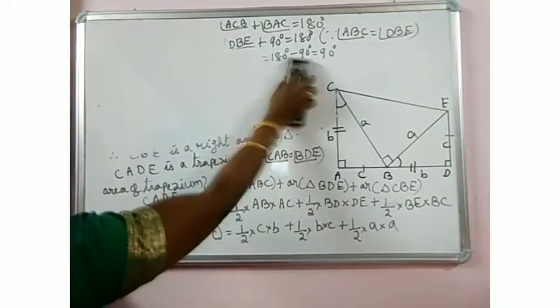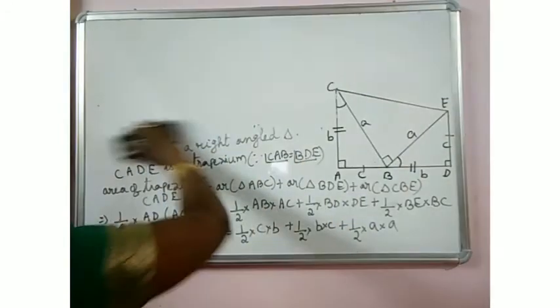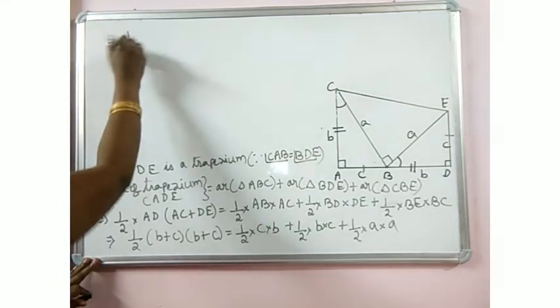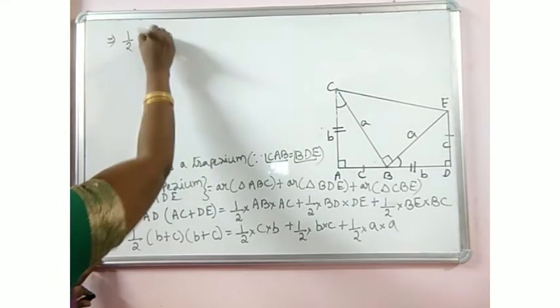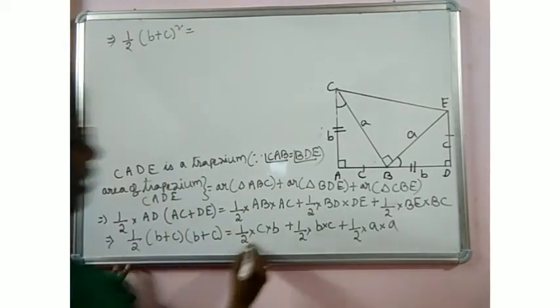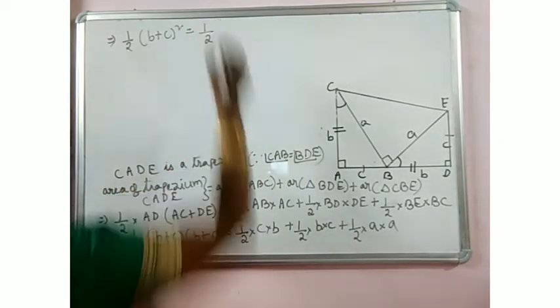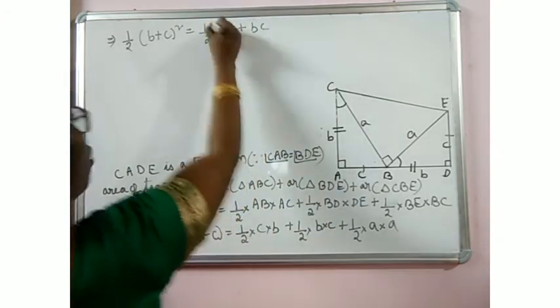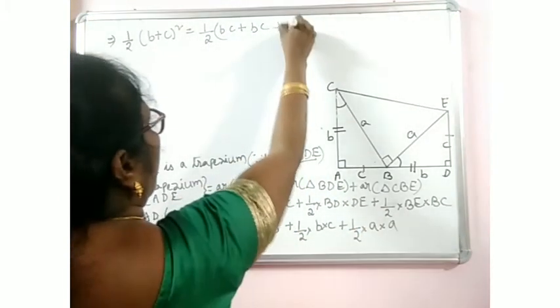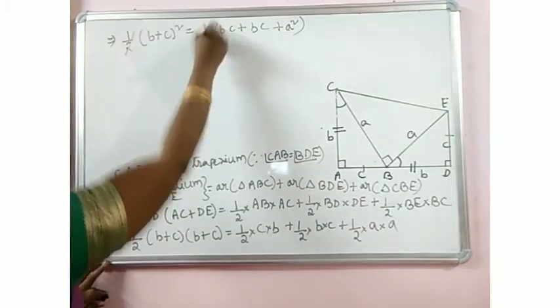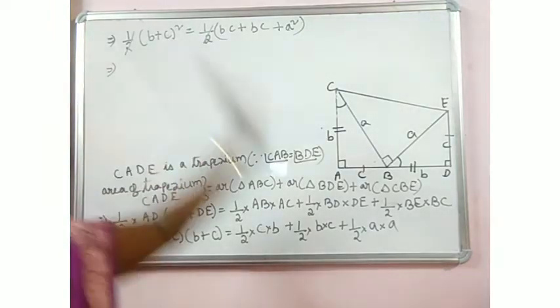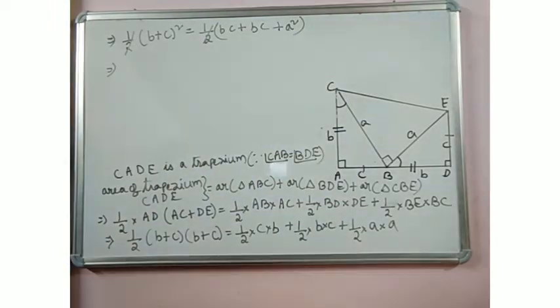This implies half b plus c into b plus c is b plus c whole square, that equal to, everywhere half is there. Let me take a half common, bc, half bc plus here also bc, half common I have taken, plus a into a, a square. Both the sides half is cancelled. Now this is like a plus b whole square. We know that a plus b whole square is equal to a square plus b square plus 2ab. So let us open b plus c whole square.